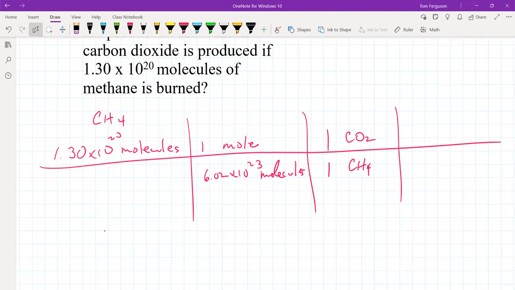Now, 1 and 1 doesn't change the numeric value of your answer. But what it does do is make sure your units come out, because your units have to come out to be CO2. So if you don't include that, even though it's 1/1, your units won't cancel and you won't have carbon dioxide as a unit ending up. You're going to end up having methane as a unit. So make sure you have that middle step in there, even if it's 1/1.